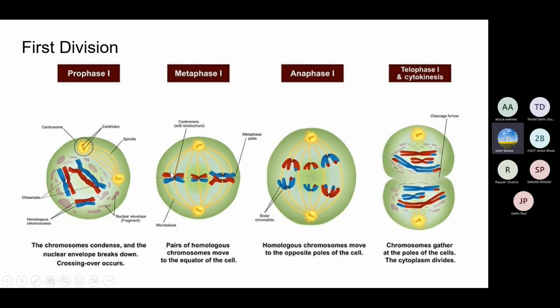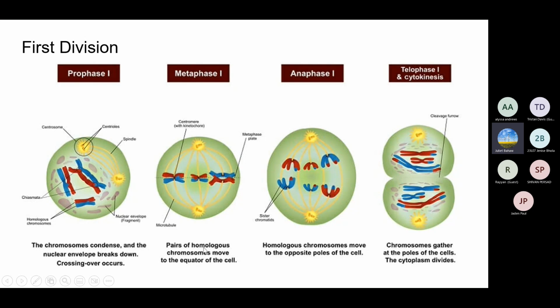So you have both of them, the homologous chromosomes, aligning themselves, and then you have your spindle fibers. They call it microtubule as well. That's another name. They attach to the chromosomes onto the centromere region.